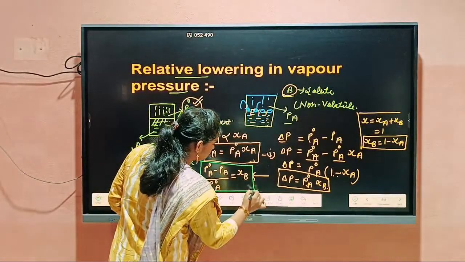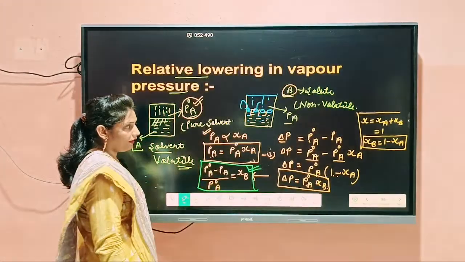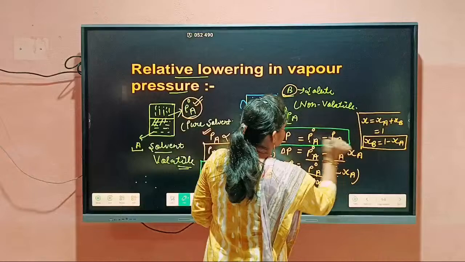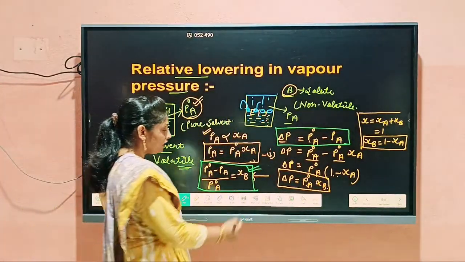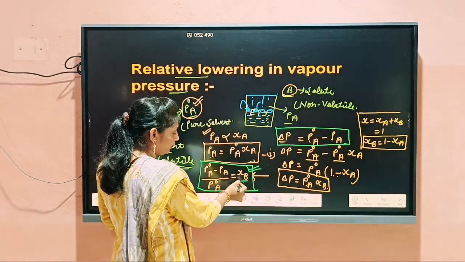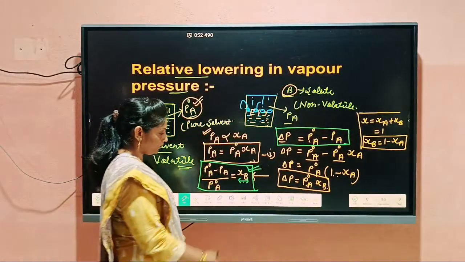So this is known as the relative lowering of the vapor pressure, and only this one is known as the lowering of the vapor pressure. Okay, students. It is a colligative property because with the help of it, I can calculate the mass of the solute also.